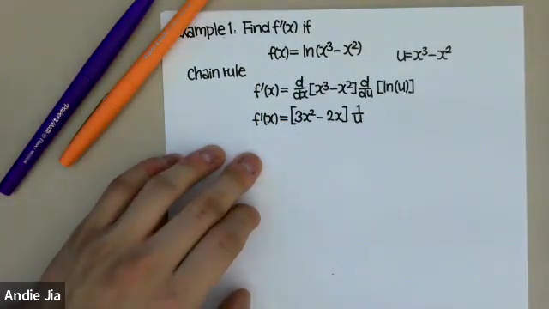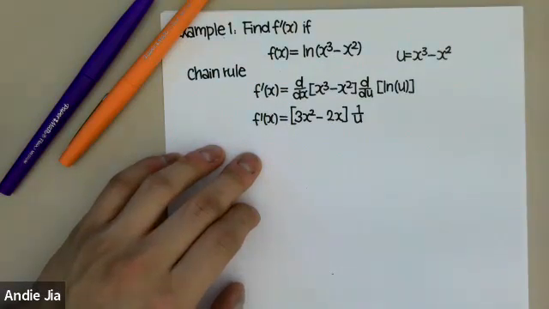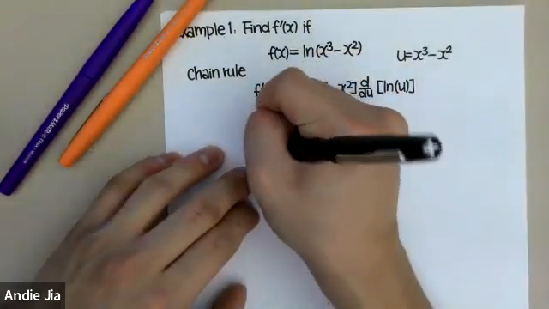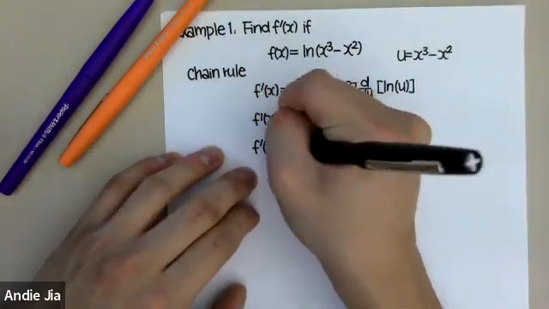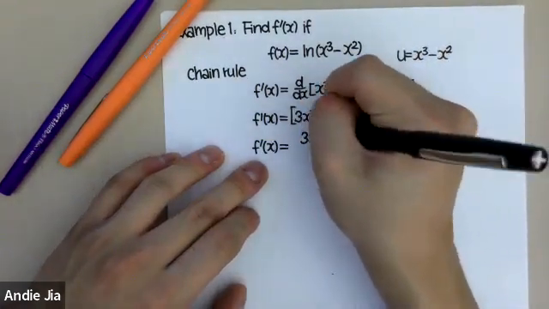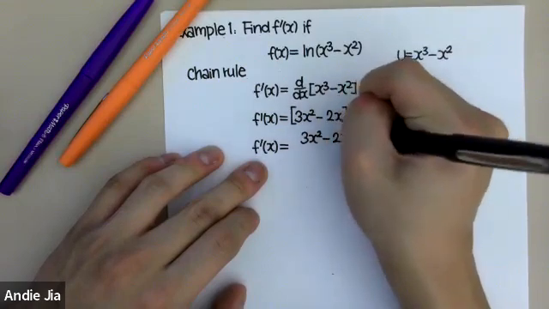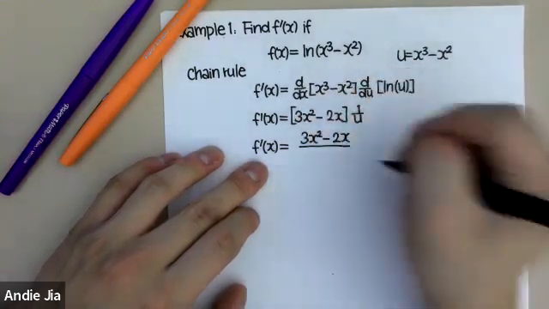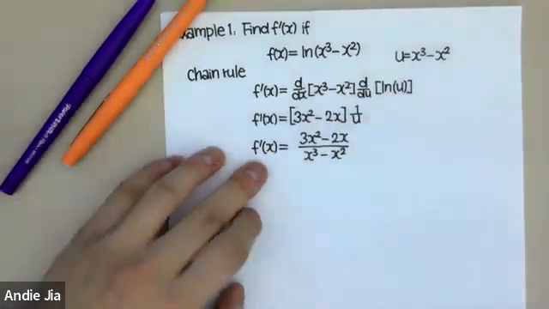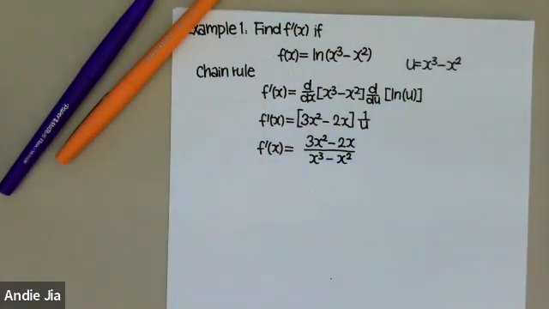Put together, f prime of x is 3x squared minus 2x over x cubed minus x squared.